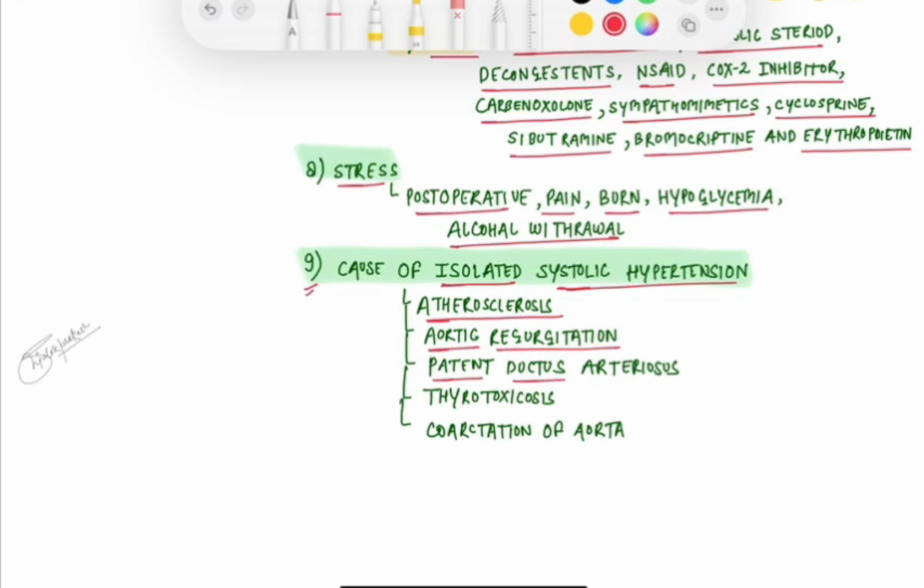Patent ductus arteriosus, a connection between two arteries in the heart that is a developmental defect. Thyrotoxicosis or coarctation of the aorta.